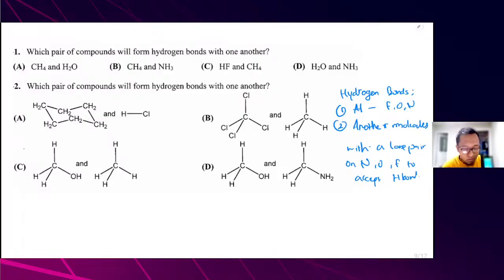Let's tackle the first question first. The question asks about hydrogen bonding, so let's break down the choices one by one. CH4 and H2O: CH4 is non-polar, so there is no H to donate and no acceptor.